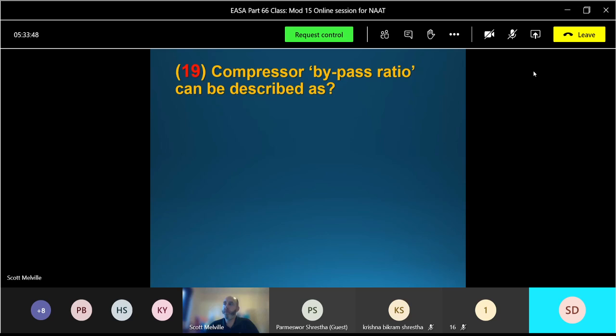19. Compressor bypass ratio can be described as, it's the ratio of something. So what's the ratio comparing to? Air going outside of the core engine. Yeah, so the cold stream and the hot stream.